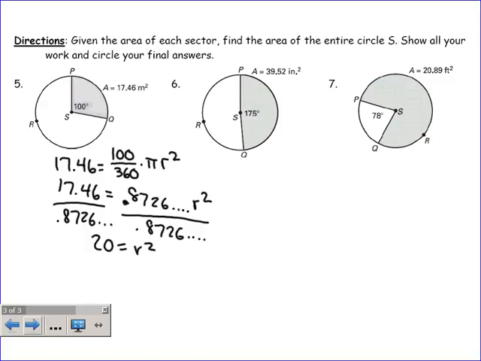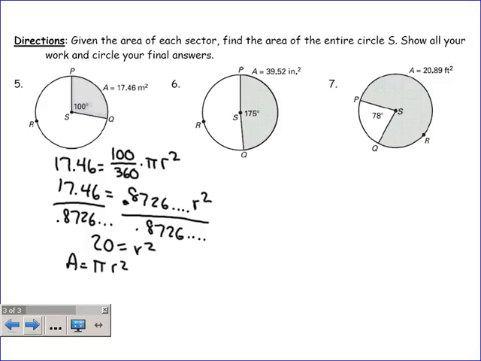Okay, it says find the area of each sector, or given the area, find the area of the entire circle. Show all your work, circle the final answers. In order to find the area of the circle, do we need to figure out what r is, or just r squared? We really need to figure out what pi r squared is. So basically just take 20 times pi, and we should be good. Remember, are we looking for the area of the entire circle? So area equals pi r squared.